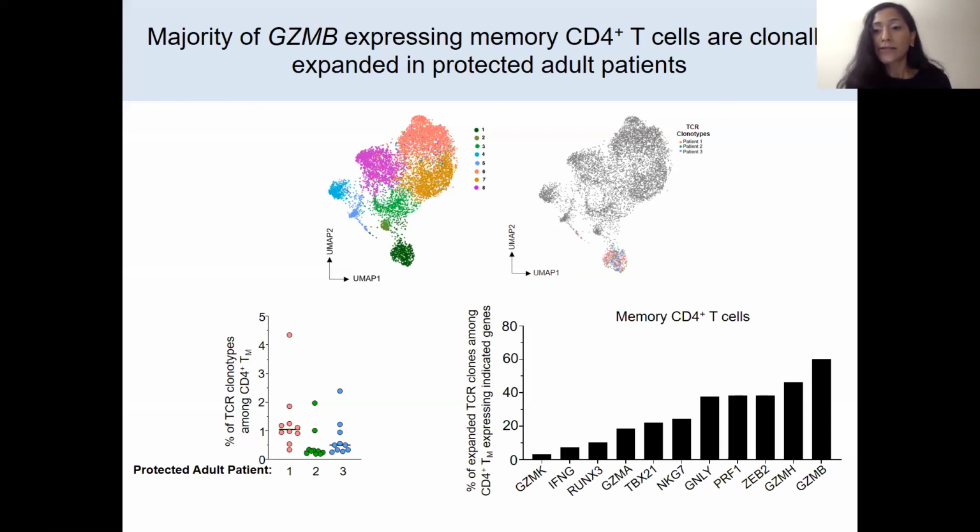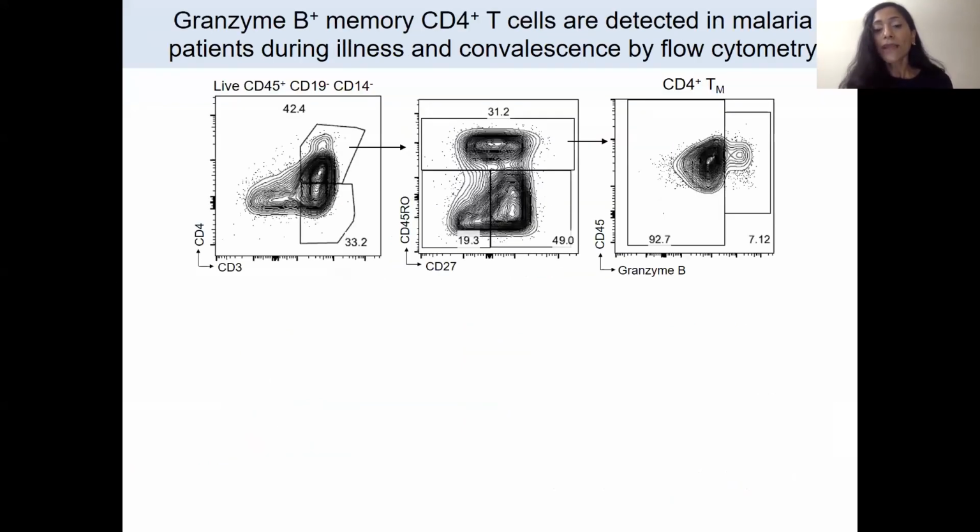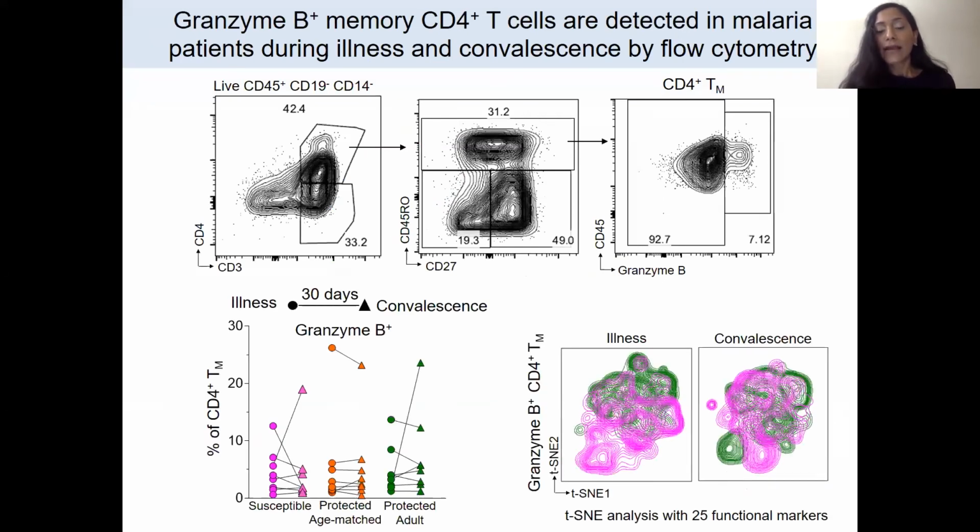And this is surprising to us because while it's not too surprising to find expanded T cell populations within a patient during infection, it was surprising to find that these expanded populations within the memory CD4 T cells had these cytolytic features. So on the next slide, what we found is that these cells can actually be detected in the patients across all 3 groups, not only during malaria illness, but also during convalescence.